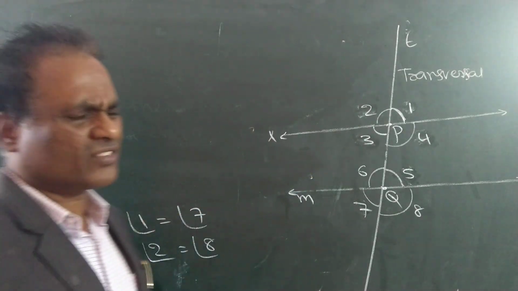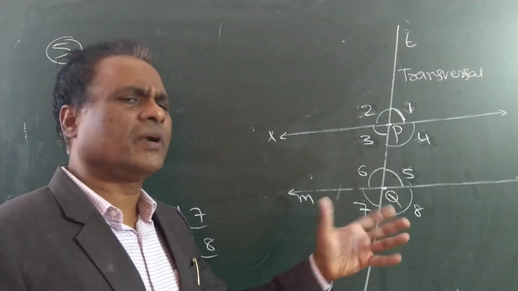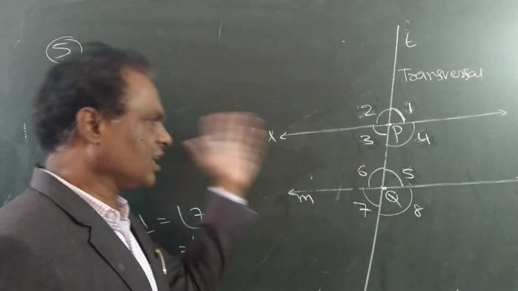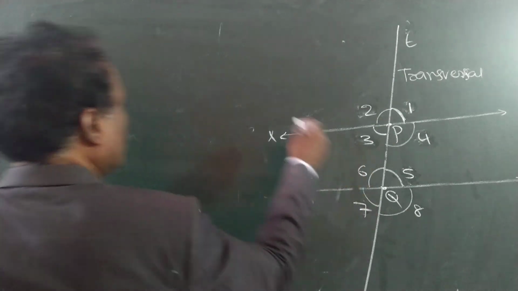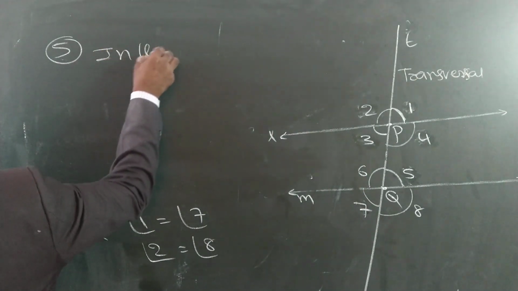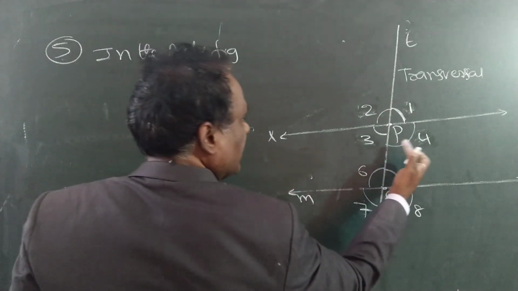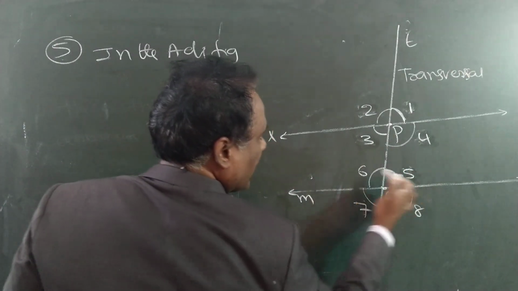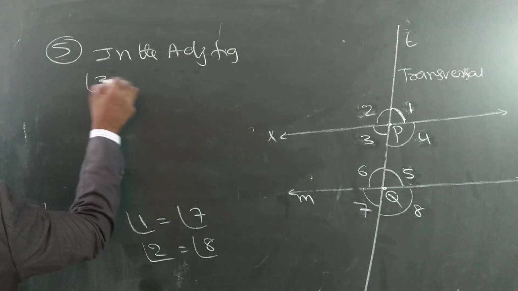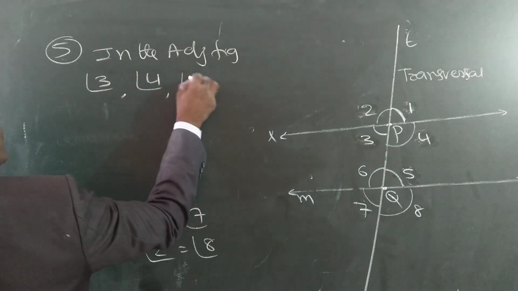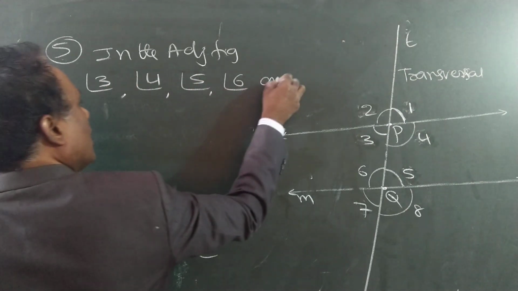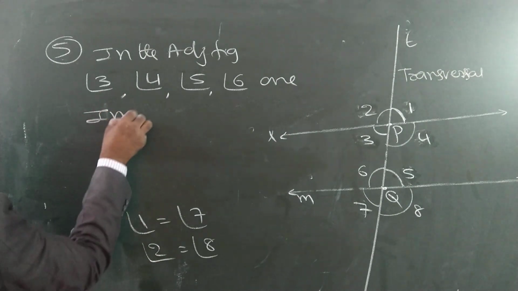Students, interior and exterior are simple words, but if you have any confusion I will give notes also. Write down. In the adjacent figure, inside angles 3, 4, 5, 6 are interior angles.